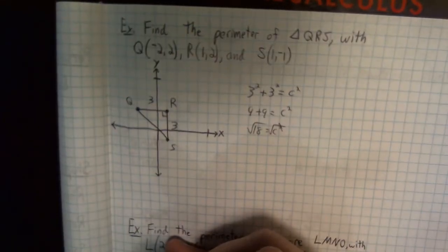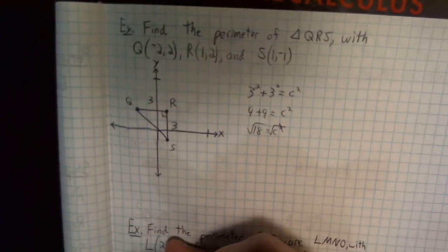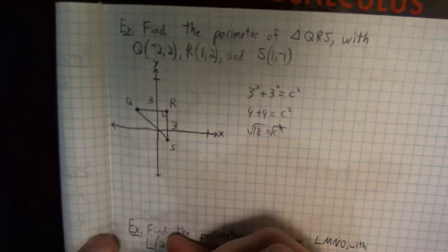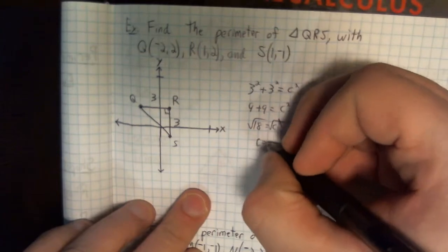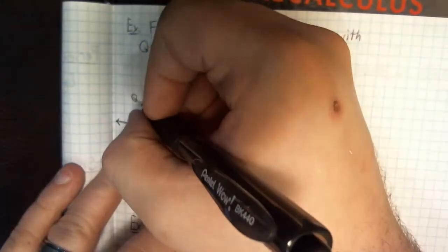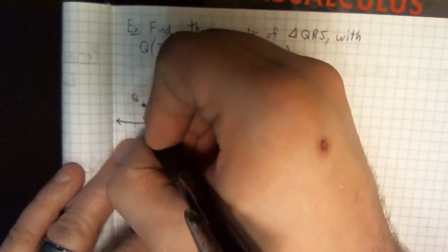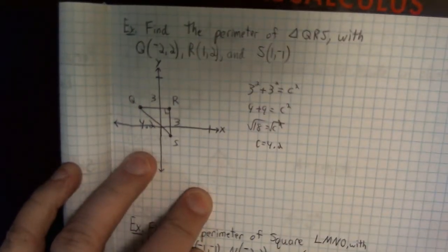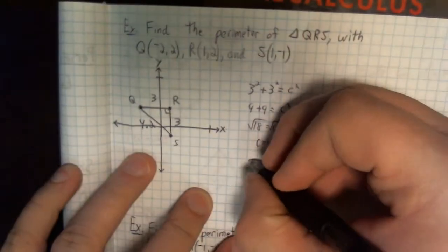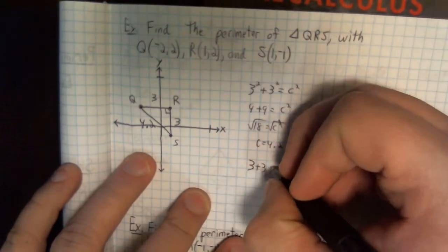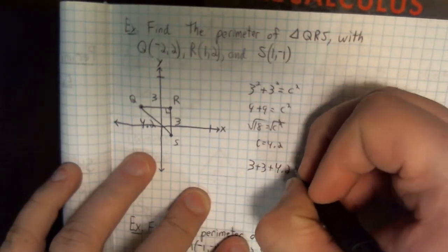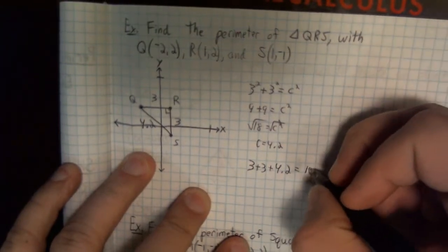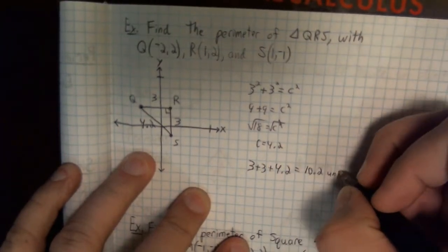I apologize for not putting that in the directions. Square root of 18 to the nearest tenth is 4.2. So we found QS to be 4.2. Remember, perimeter is the total distance around, so to finish this problem, we add together 3 plus 3 is 6, plus 4.2 gives us 10.2 units.